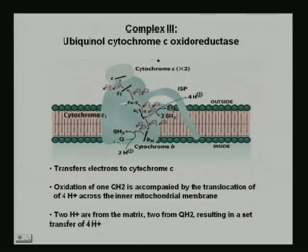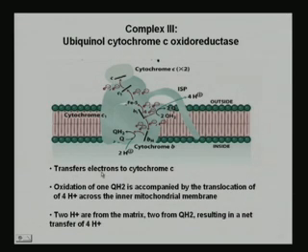In complex 3, it is the ubiquinol cytochrome C oxidoreductase enzyme which plays a significant role, and it transfers the electron from ubiquinol to cytochrome C. When it transfers this electron, it goes via different cofactors like cytochrome B, iron sulfur protein, cytochrome C1, and ultimately it reaches cytochrome C.